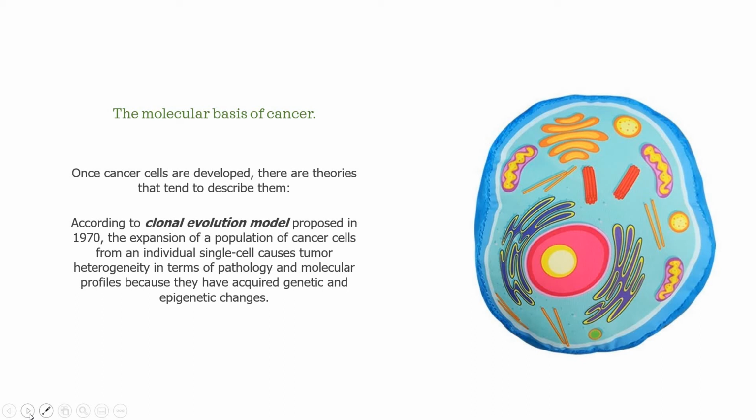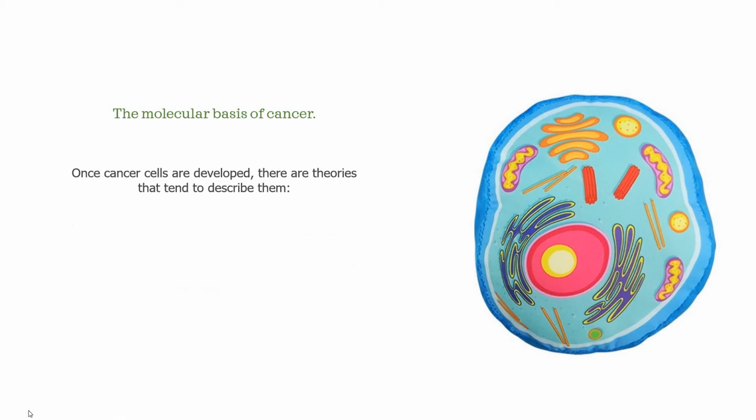But now, since it is already a cancer cell, according to the clonal evolution model, nag-iiba yung resulting cell. Okay? Because, yun nga, proliferative na masyado yung process. Hindi na siya regulated. So, nagkakaroon ng heterogeneity. Okay? Kumbaga parang nagma-mass produce na sila. So, nangyayari is yung original product hindi na talaga makuha yung original characteristics niya. So, they are having different characteristics in terms of pathology, in terms of molecular profile.